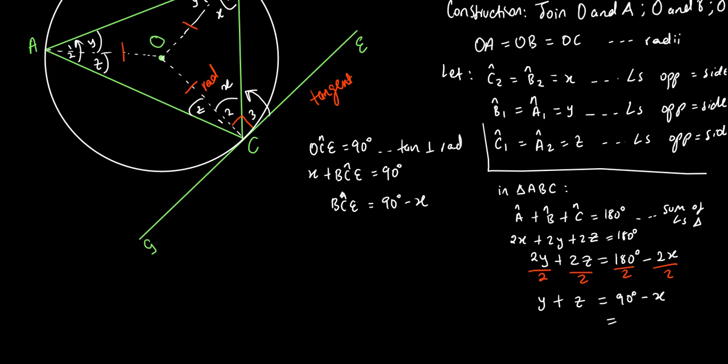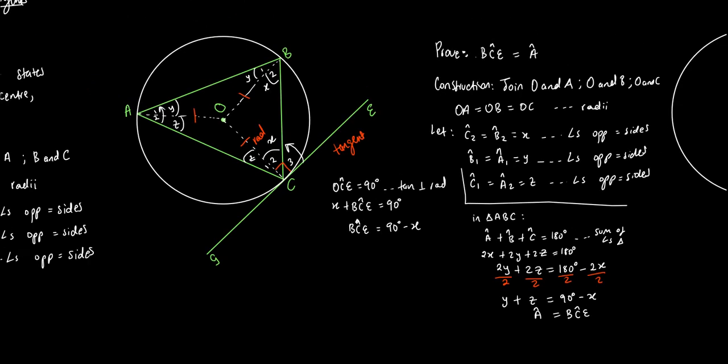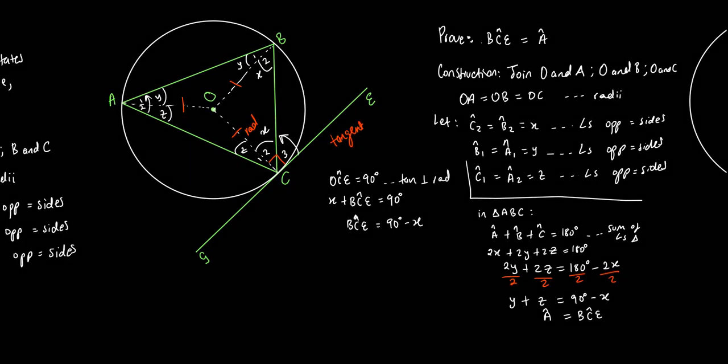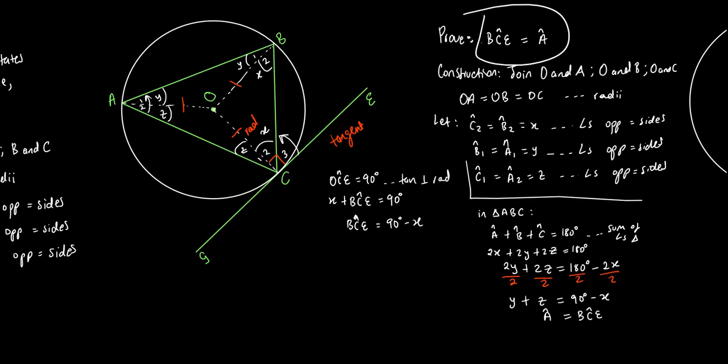Now we do know that 90 degrees minus x is BCE. Now please look at the diagram and tell me what is y plus z. It's angle A. Then you have proved the theorem, because that's what we needed to prove: that BCE was equal to angle A. So we are done.